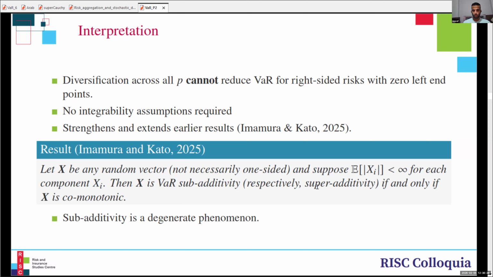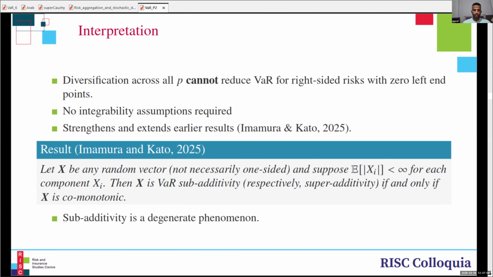In fact, also VaR superadditivity is equivalent to additivity. So X must be comonotonic. Again, if we start with a random vector, no matter where it is, no matter what its support is, if each component is integrable, then subadditivity or superadditivity is equivalent to additivity, and X being comonotonic.